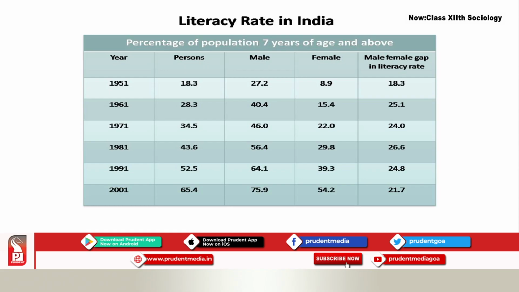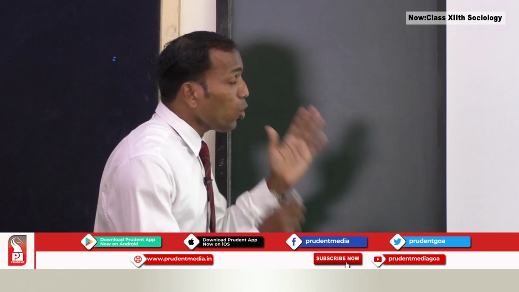In this, male literacy is 27.2%, and female literacy is 8.9%. And see the gap, the difference between male and female literacy, it is 18.3%. This shows we have more literacy among males than among females.